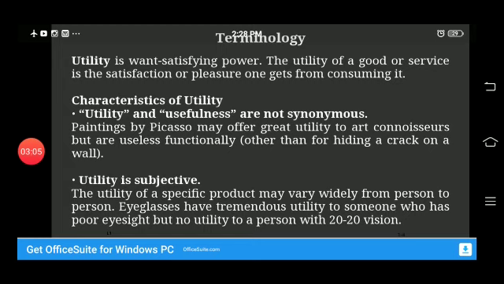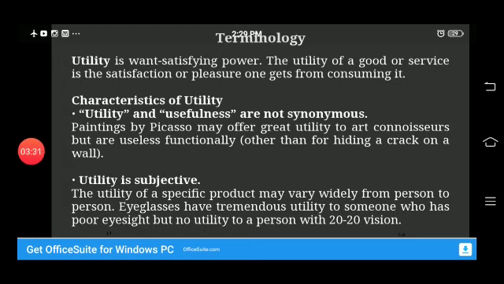Something may have utility for you, but it is not useful for you. For example, a smoker is having a cigarette. He is getting satisfaction by smoking, but that smoke is not beneficial for his health. So utility and usefulness are not synonyms.